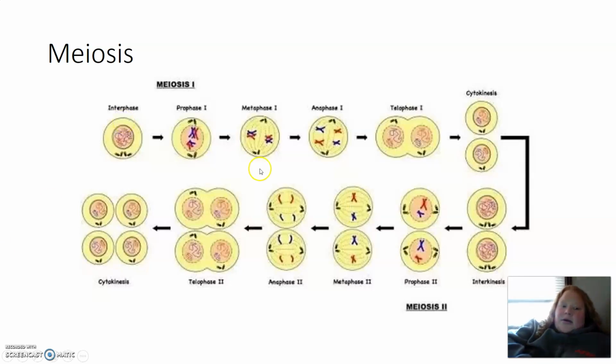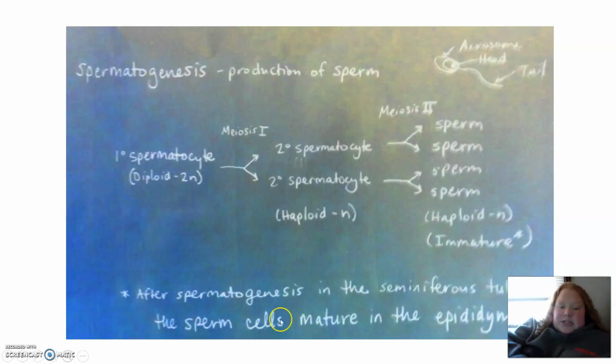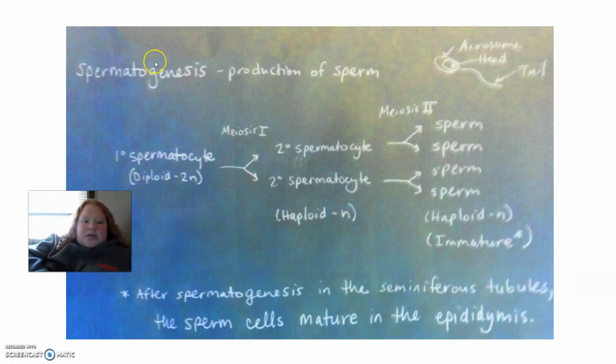Okay, now this is different in spermatogenesis and in oogenesis. So spermatogenesis, let me move this so you can see the writing. Spermatogenesis is the production of sperm. Here we've got a head, a tail.